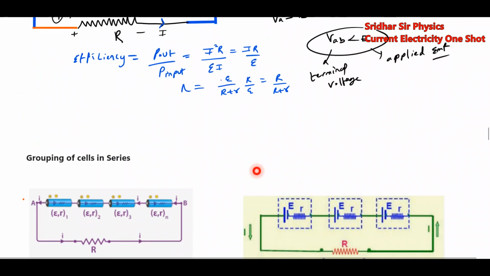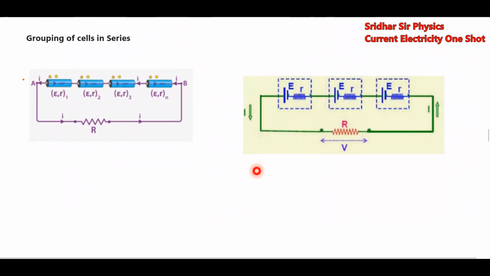Now we'll take the grouping of cells. If the cells are connected in series, I think you might have come across this one. Cells are connected in series like this, and the same current I will flow. Then what is the expression for current I? It is I equal to nE by R plus nr.